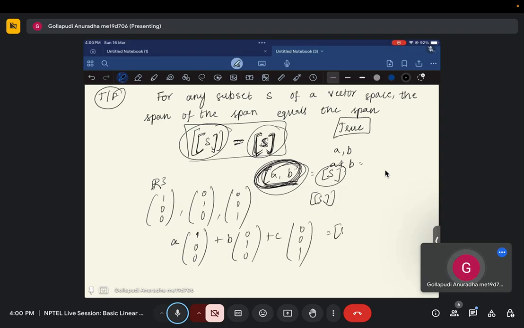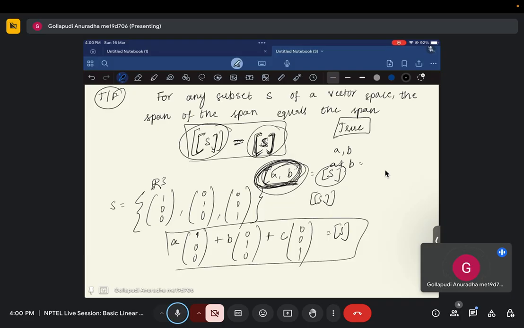That is the span of S. If the basis of S is these three things, then the span of S will be the linear combination of the basis. So I'm going to get the linear combination of what I have in S, like this. So this is the span.